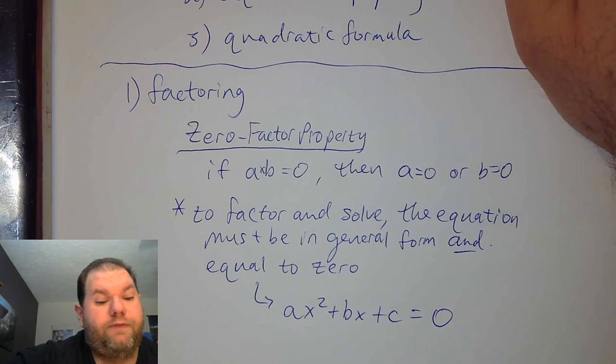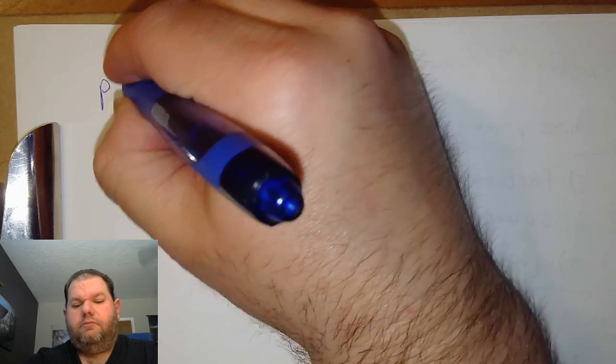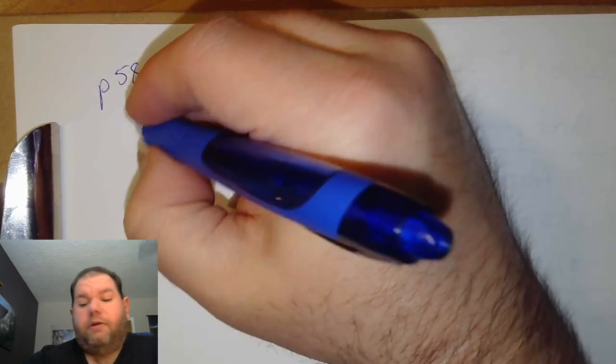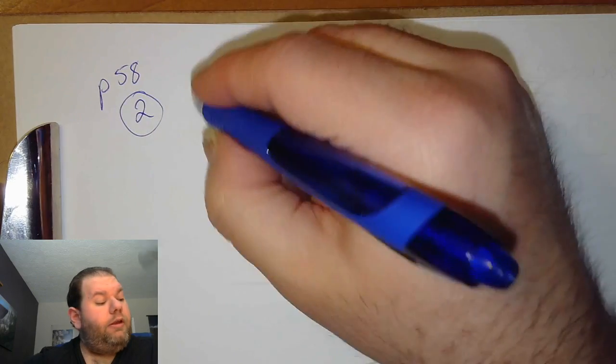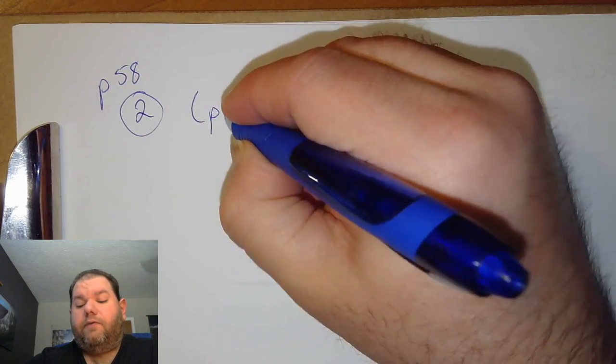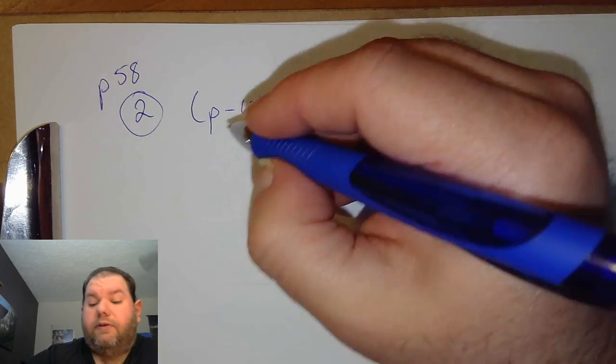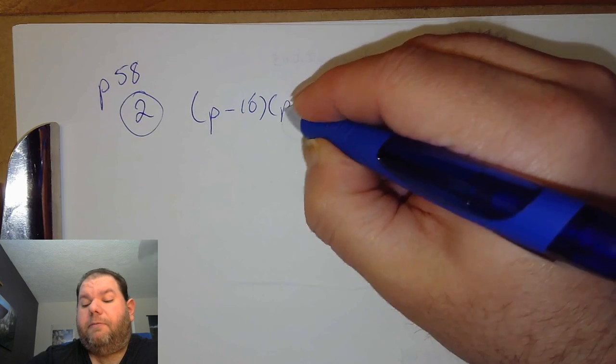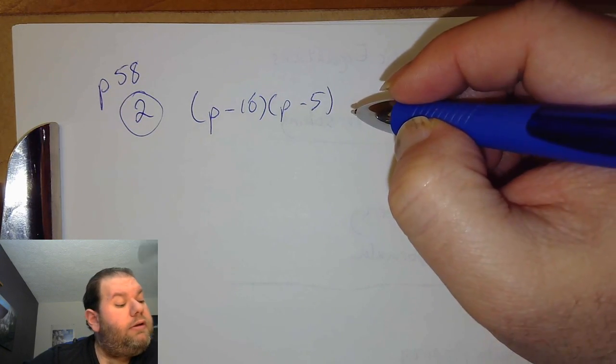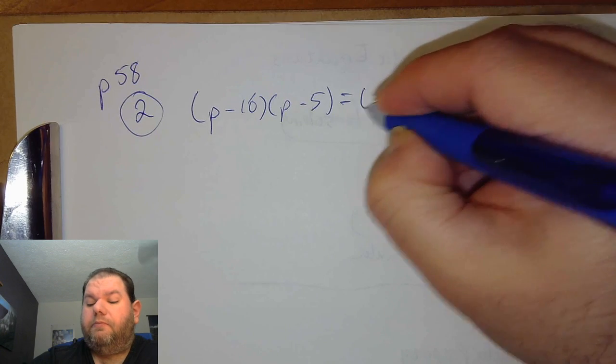So now we're on page 58. This will be number 2. In this problem, they've already factored it for us. We have p minus 10 times, actually no, that's a 16, my bad, times p minus 5 equal to 0.